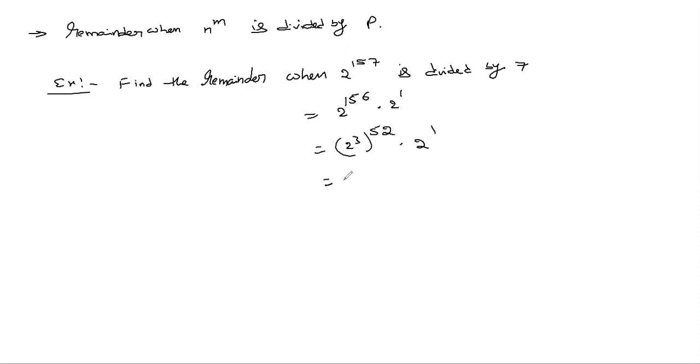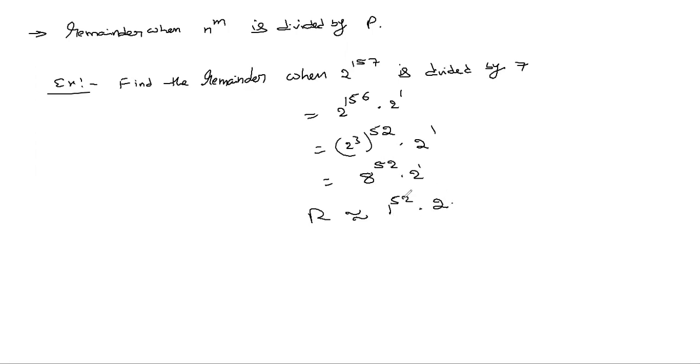Any doubt? Now 8 power 52 into 2 power 1. So now you divide 8, then find the remainder. A remainder will be 1 power 52 into 2.